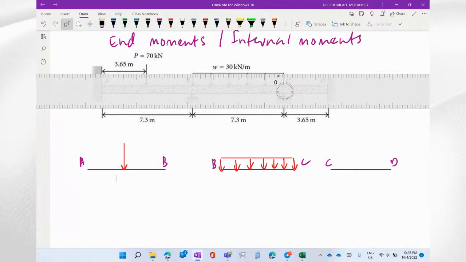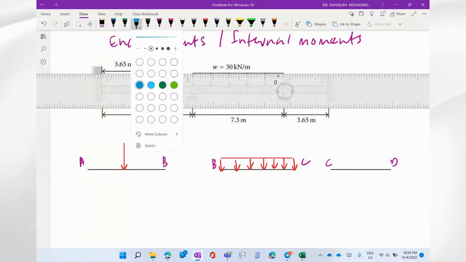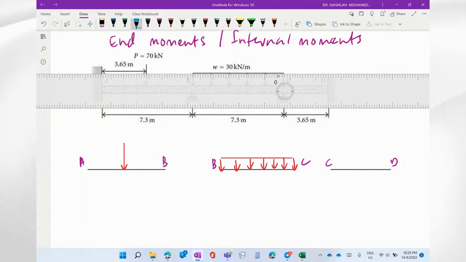When we resolve it into elements, or one by one members like this, we need to assume that each end of the beam is a fixed end. That is why we can apply the fixed end moment formula. The fixed end moment for AB will be like this.